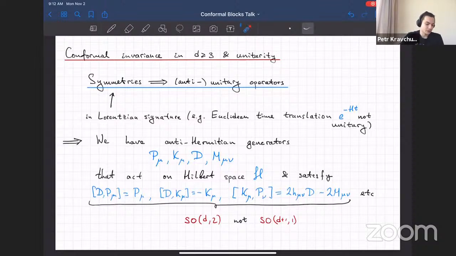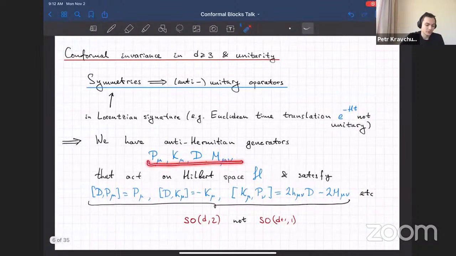So if you want unitary operators, we should use the Lorentzian signature symmetries, and these form the SO(d,2) algebra. I always use the convention in which all my generators are anti-Hermitian. Often in physics we write that the generators are Hermitian, and we write the unitaries as e to the power i times something, but in order not to have these i's floating around, I'll always use anti-Hermitian generators: P for translations, K for special conformal transformations, D for dilatations, M for Lorentz transformations.